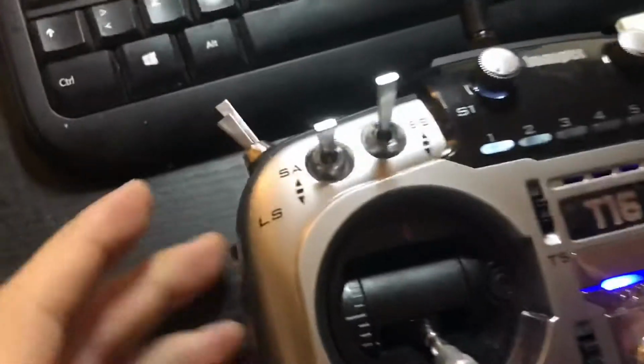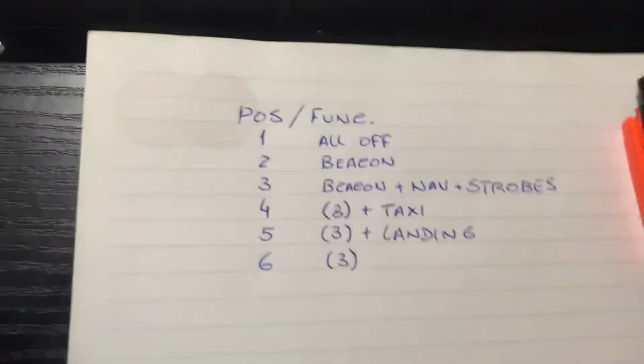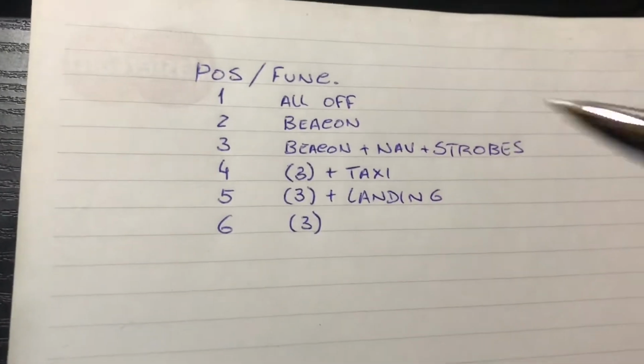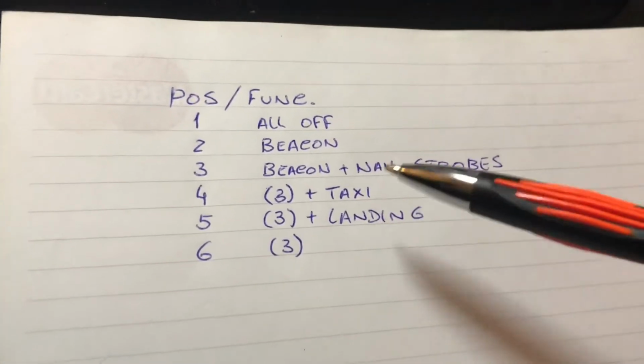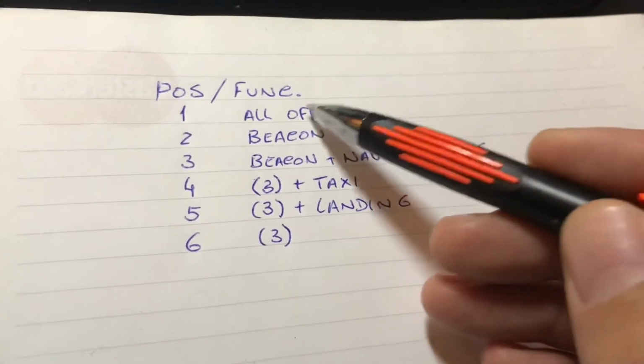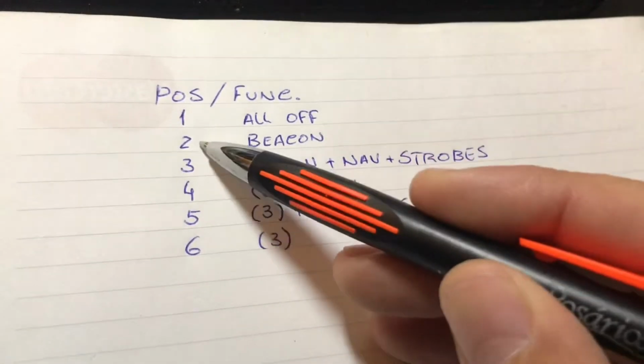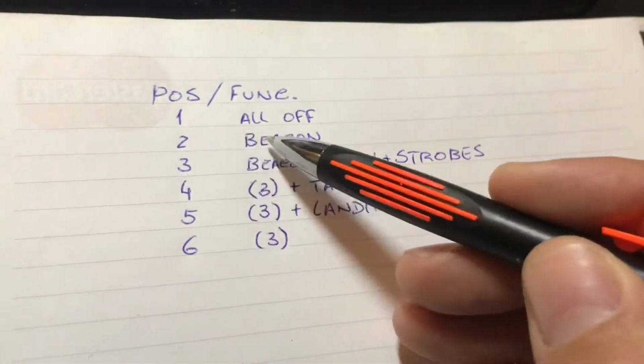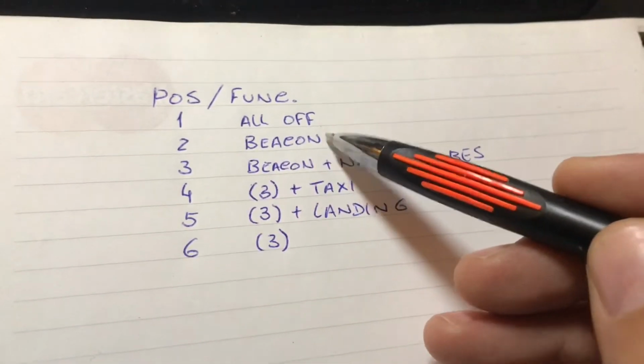Now let's talk about the light system. For the light system, I want to have six positions, and the first position will be all off. All the lights will be off. On the second position, I want to turn on only the beacon.